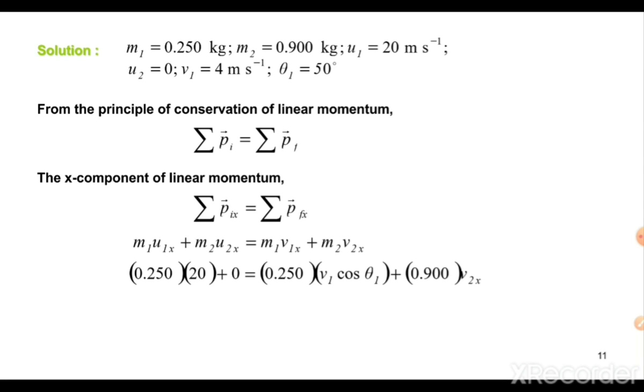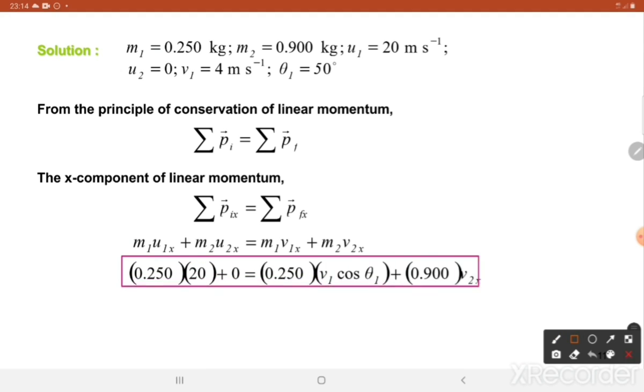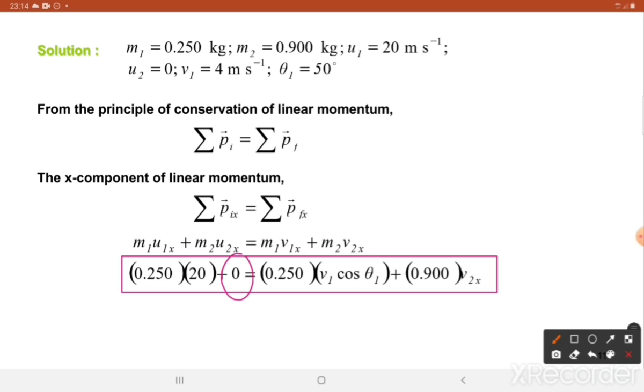For momentum along x, you will get 0.25 times 20 plus 0 plus 0 because the second ball is stationary. So it is equal to 0.25 multiplied by v1x, which is v1 cos theta 1, plus m2, which is 0.9, multiplied by v2x.